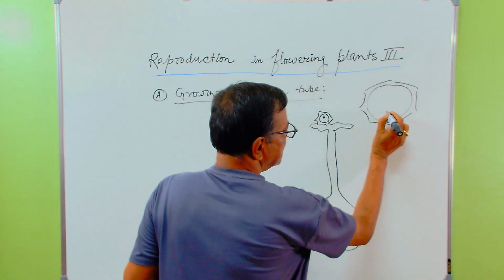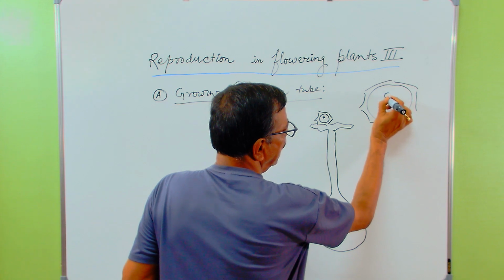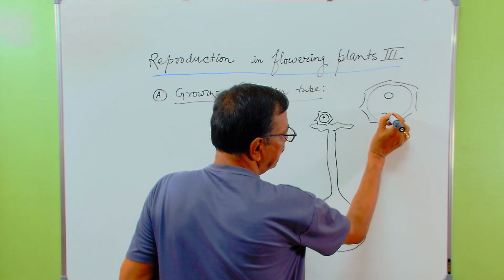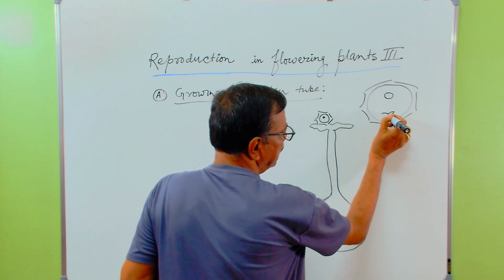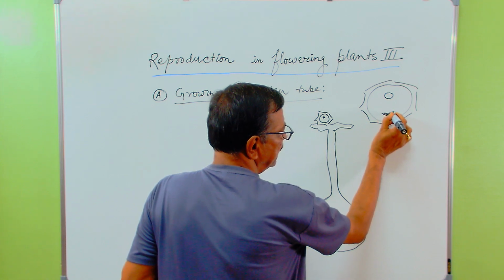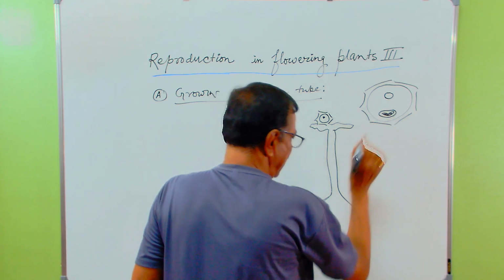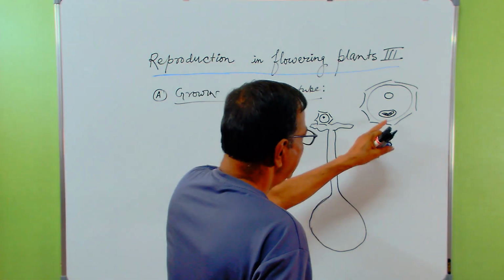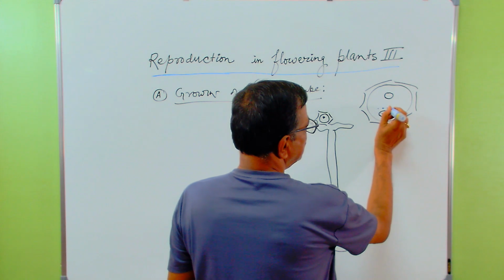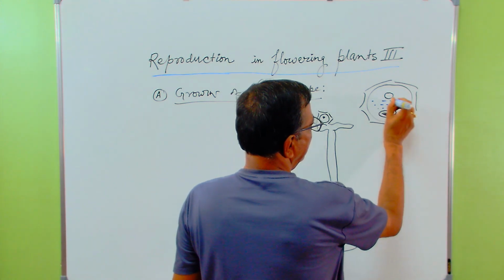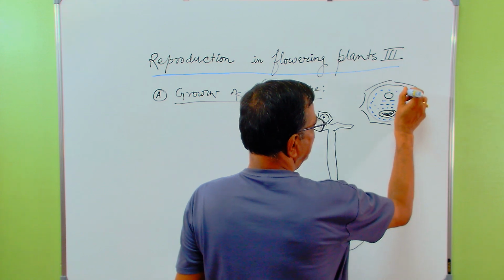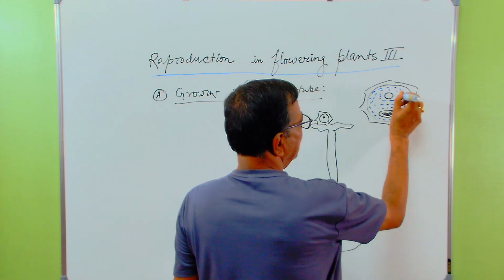And the nucleus, one vegetative nucleus is there, and one male gamete, a lens-shaped separated male gamete is there. This is the male gamete, surrounded by a wall, and I have told you that this male gamete floats in the cytoplasm of the vegetative cell. Vegetative cell is a bigger one.